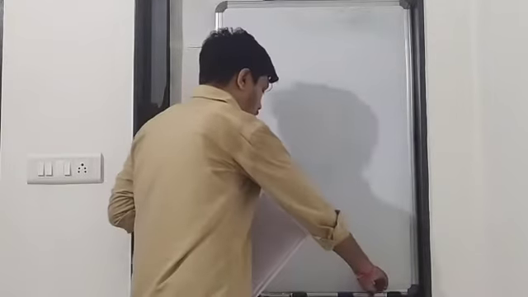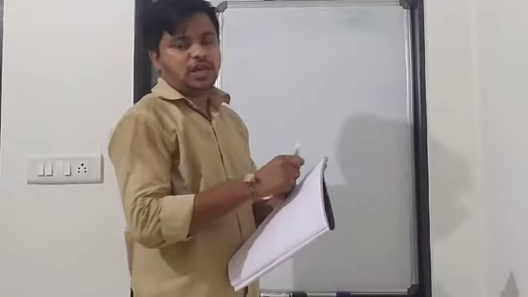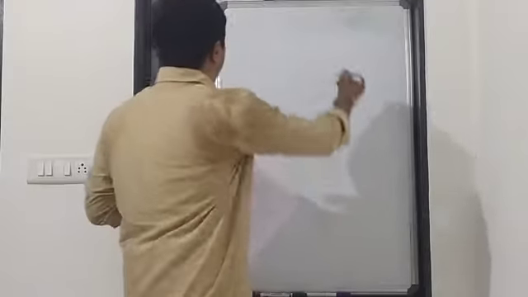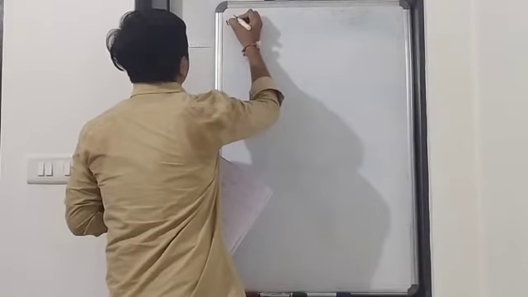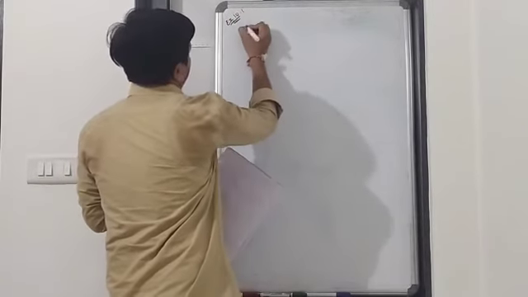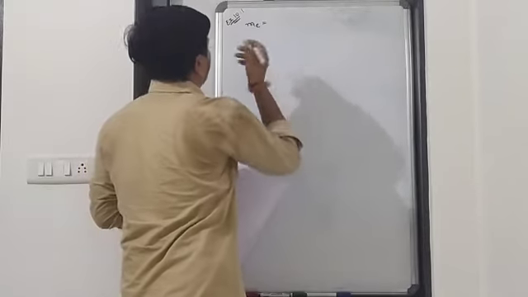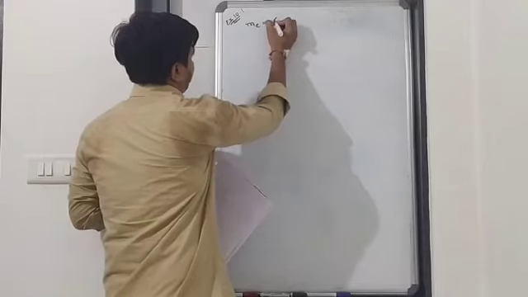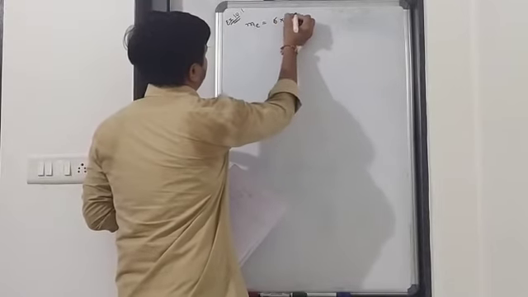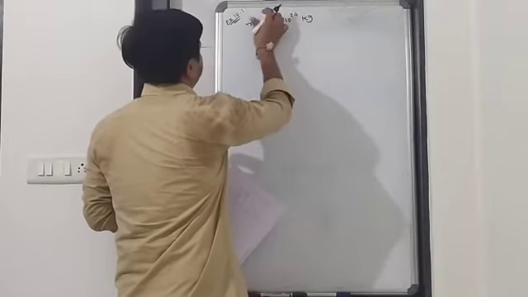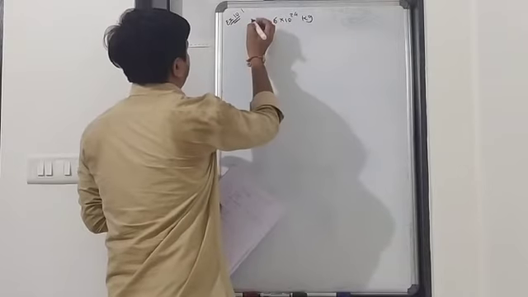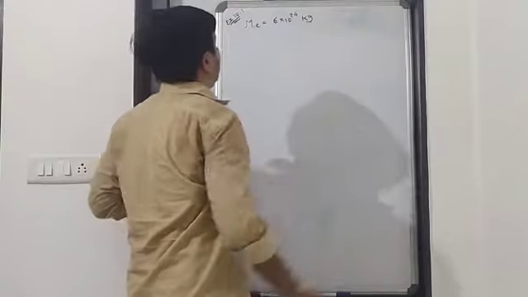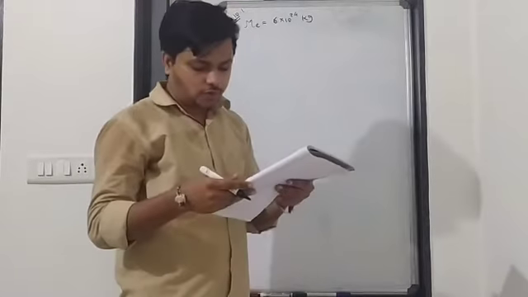So the mass of object 1, which is Earth, if we take it as M_E, E for Earth, in example 10.1, the mass of Earth, I am taking M as a capital, so capital M_E, is 6 into 10 raised to 24 kg.